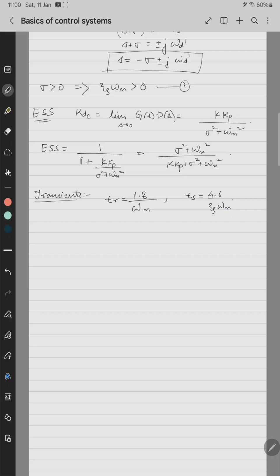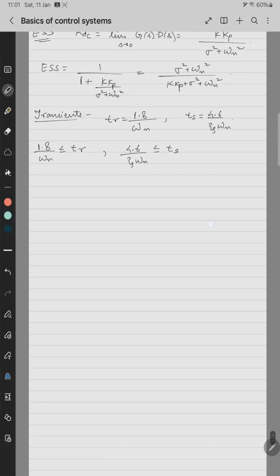So our rise time should be less than or equal to the specified time. Similarly, our settling time should be less than or equal to the specified time.